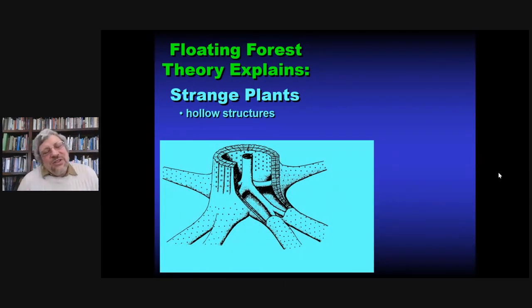And some things that are really cool and weird about these things is that they're hollow. Now, I've been criticized for saying that they're hollow because, true, they're not technically hollow when they were alive.